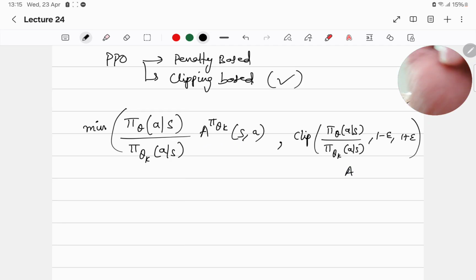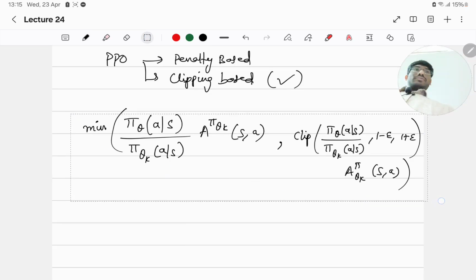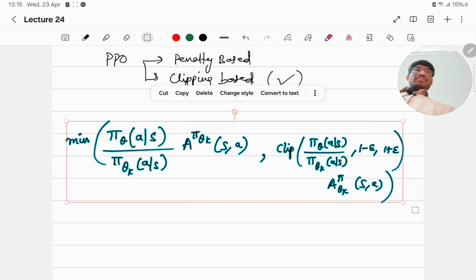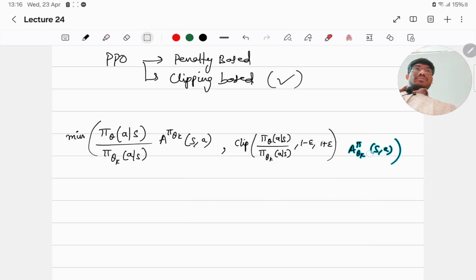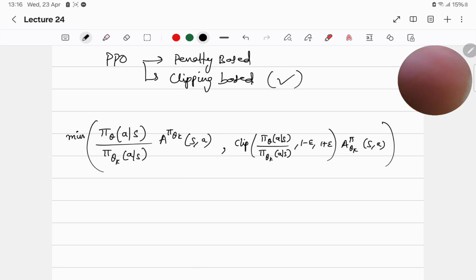And this part will be there again, A pi theta k of s comma a. Okay, this is my objective.